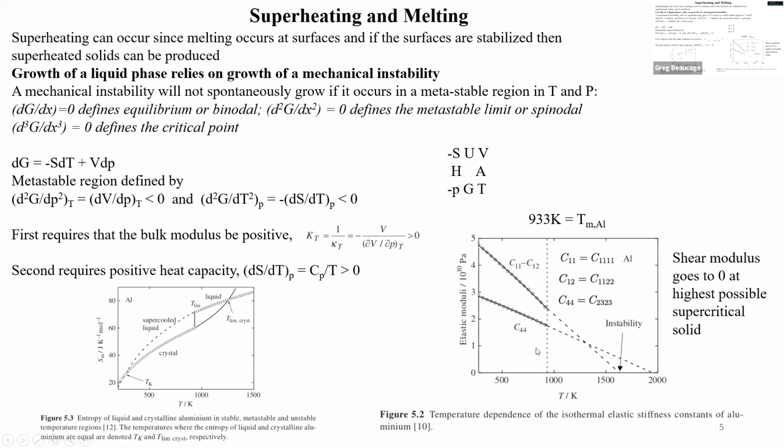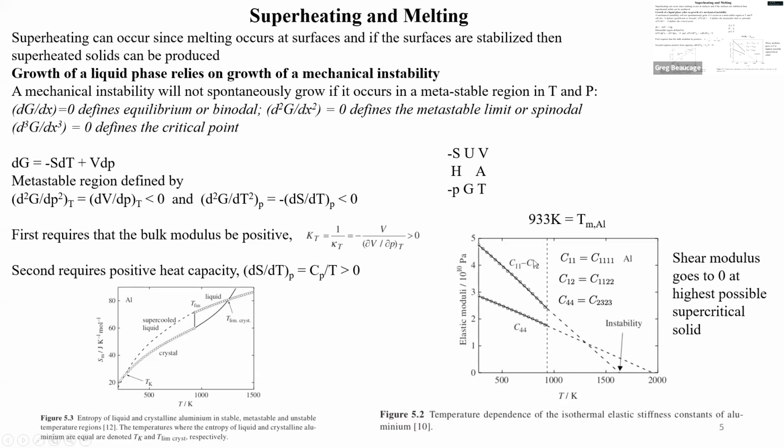In other words, it's possible to take a solid and heat it up, and it'll still remain a solid if it doesn't have some kind of motion that clicks it into liquid. So it can lock in. You can have a superheated solid. It's possible. And the idea is that if you can measure the modulus, and the modulus decreases with temperature, if the modulus can go to 0, then this thing can.